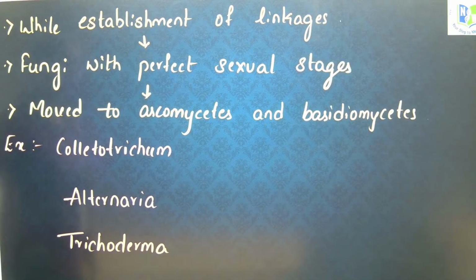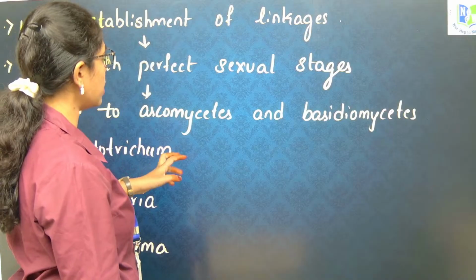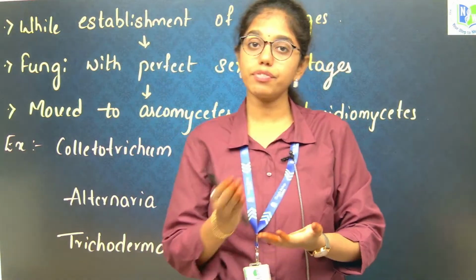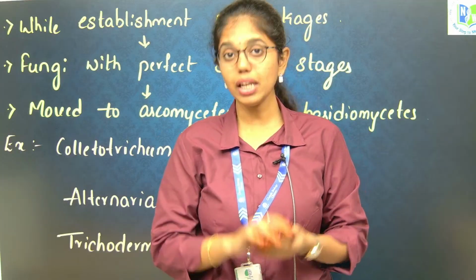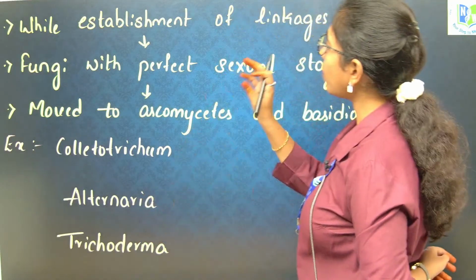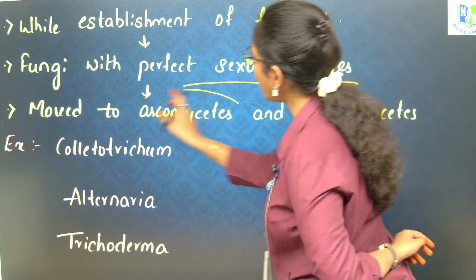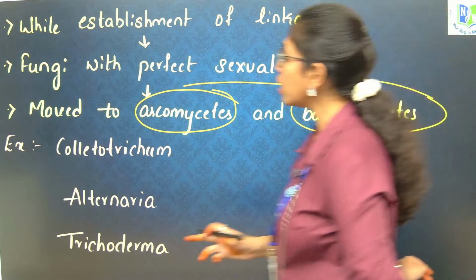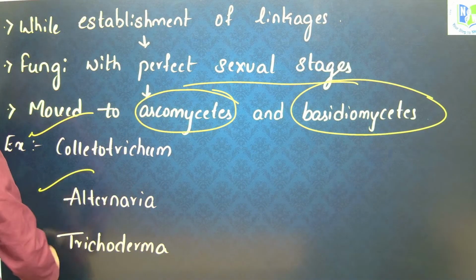During classification, some fungi placed in Deuteromycetes, after verifying their life cycle and observing perfect sexual stages, are moved to Ascomycetes and Basidiomycetes. The best examples under Deuteromycetes include Colletotrichum, Alternaria and Trichoderma.